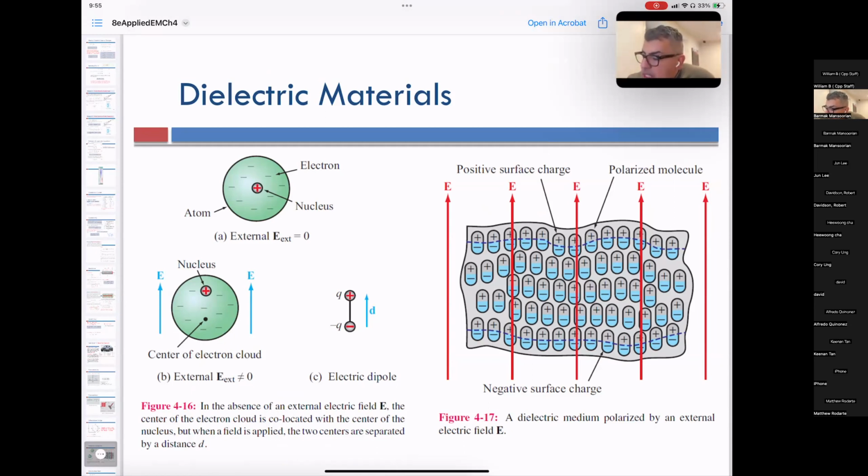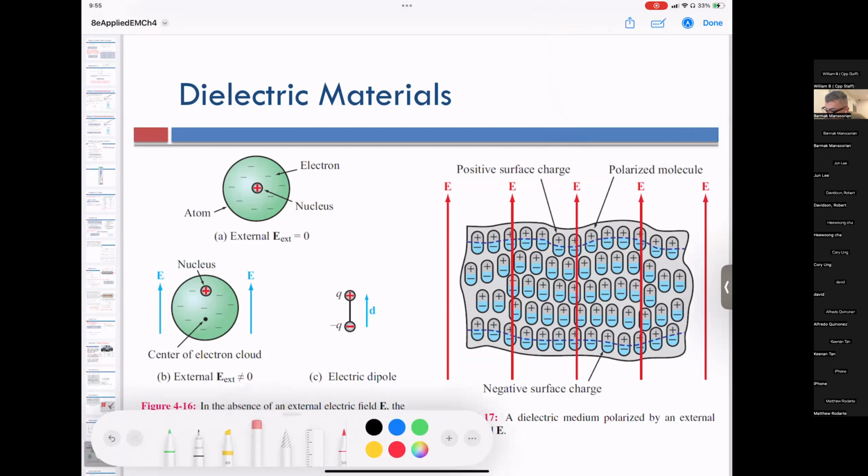If I have my electrons uniformly distributed around the nucleus, which is a charged particle, all the electric fields cancel each other out, and I don't get any net electric field in this atom. And if there is zero external electric field, this is just a neutral thing.